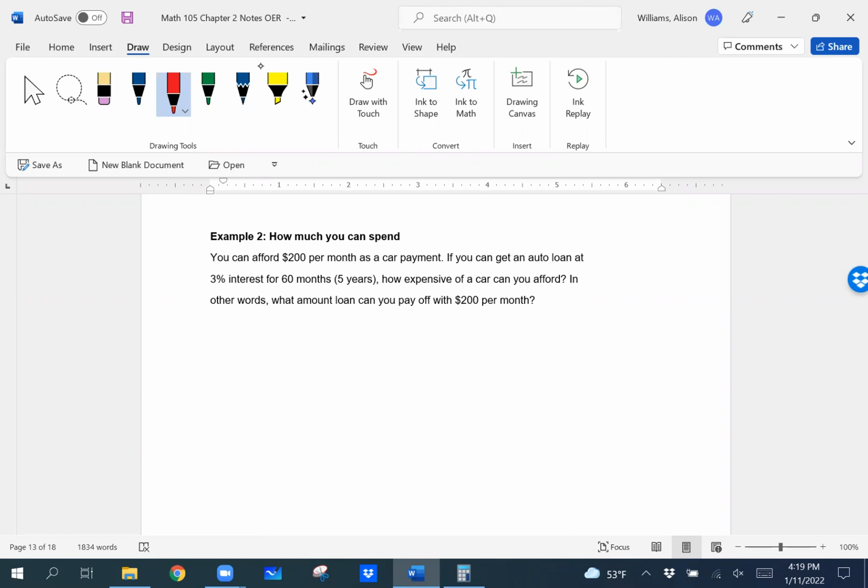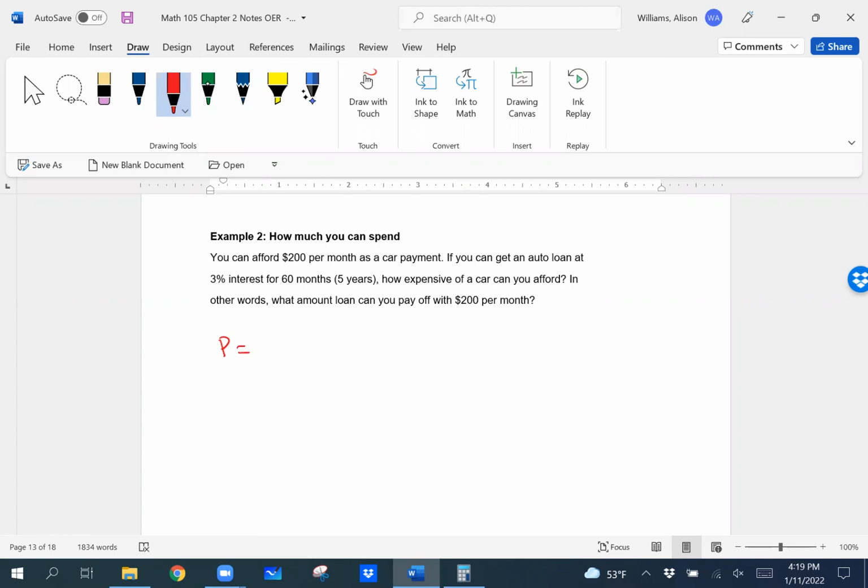So if you were willing to save up the money for 5 years, you can actually get a better car or get it sooner. Okay, so let's go ahead and do this. So this formula, we're going to be using the other one. We're going to try to figure out what the loan is going to be based on the fact that we're going to make $200 payments. So again, I'm not going to write the formula. You can reference that on your paper.